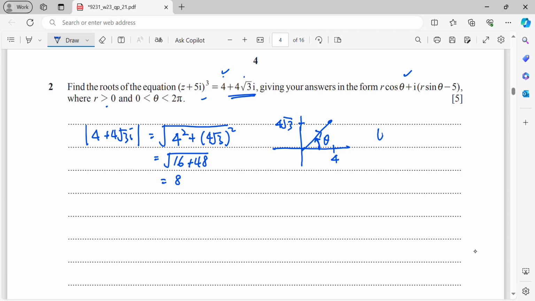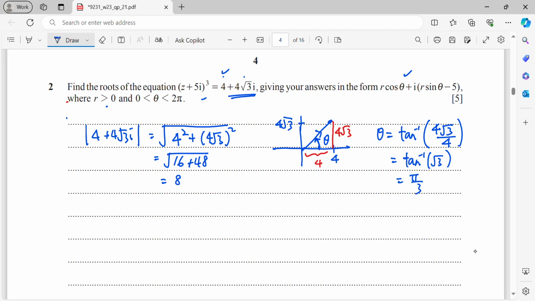So from here, theta is basically inverse tangent of imaginary part over real part, because this is your height, 4 square root 3, and the horizontal distance is 4 units. So I will get 4 square root 3 over 4, and then inverse tangent of square root 3, which is basically pi over 3.